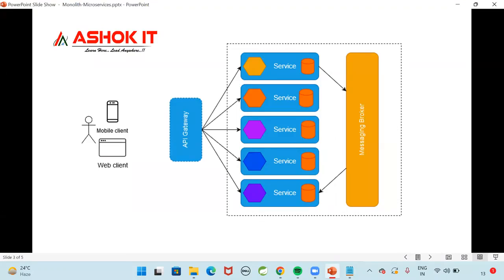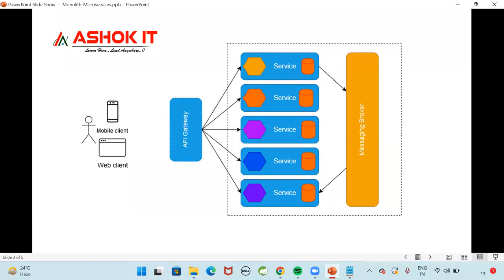Guys, do I need to use only Java to develop all the services, or can I use Java for one service, .NET for one service, Python for one service? Because one service is nothing but one separate project.